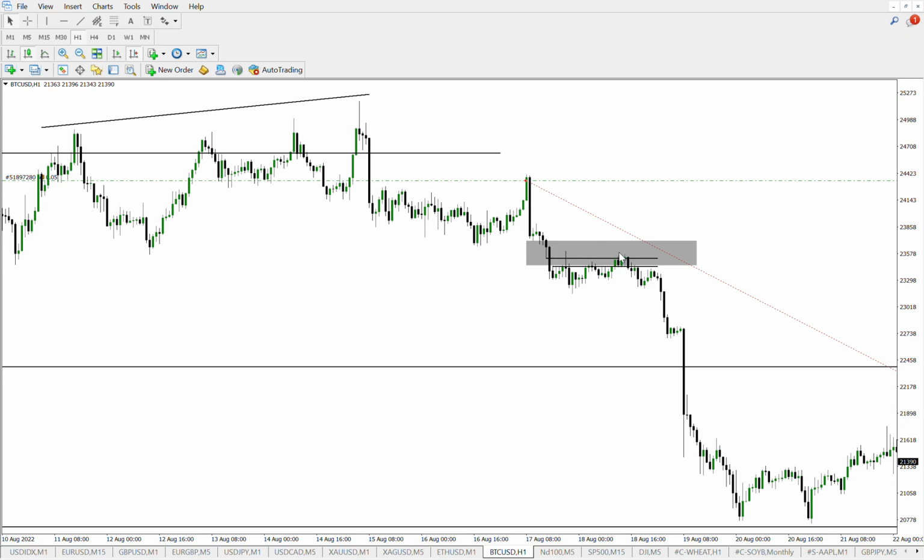The hourly is the refined fair value gap. See the bodies respecting that? That's beautiful. Price starts to expand lower. We break this low, which is always a good sign. We come back up one more time, probably back up into equilibrium, back up into a premium, sorry. And then we start moving lower again. We start getting those candles that are indicating that we are on the right side.